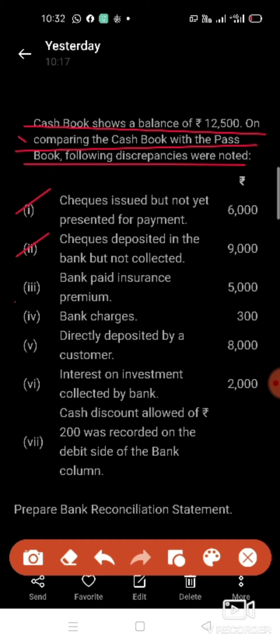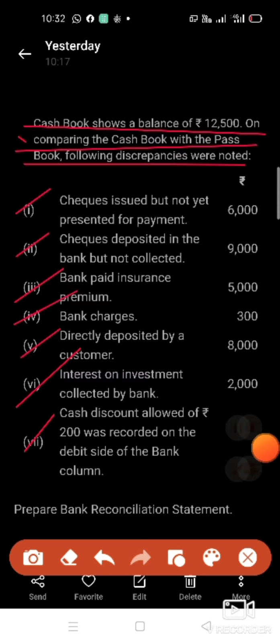Number 3. Bank paid insurance premium 5,000. Number 4. Bank charges 300. Number 5. Directly deposited by a customer 8,000. Number 6. Interest on investment collected by bank 2,000. Number 7. Cash discount allowed rupees 200 was recorded on the debit side of the bank column.